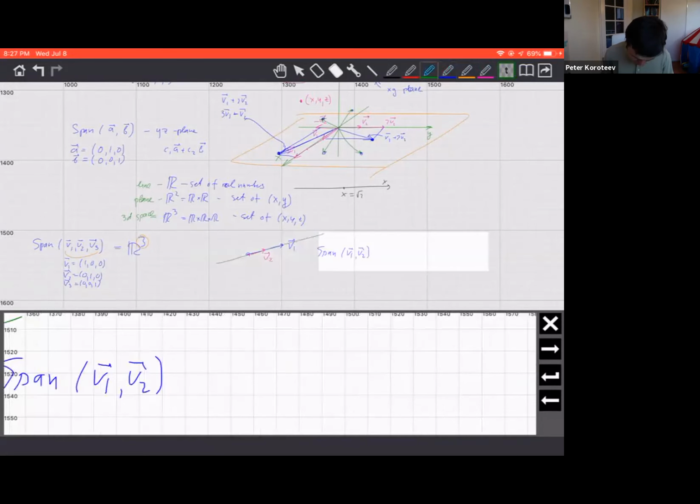This is the line that contains vector v1 or v2. So the vectors must be different. They should not be parallel for this to happen. We'll come back to that a bit later.